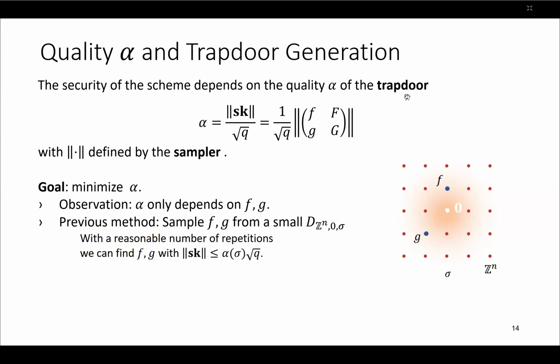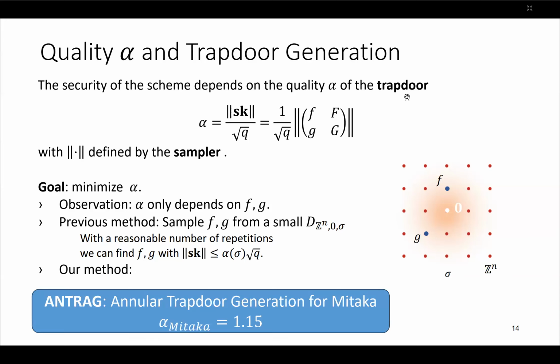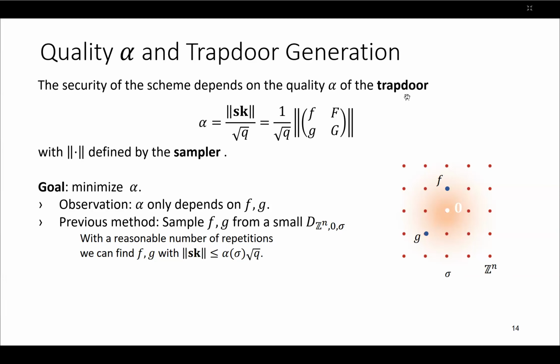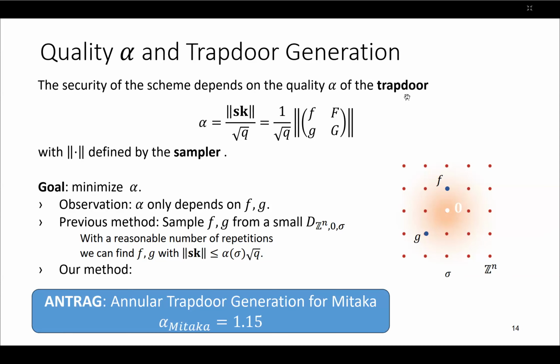With this method, we can find f and g such that the trapdoor satisfies this inequality. As a reminder, with this method we can find a trapdoor of quality 1.17 for Falcon, but we cannot find a trapdoor of such small quality for Mitaka. But with our method, we can find a trapdoor of quality even smaller, 1.15 for Mitaka.